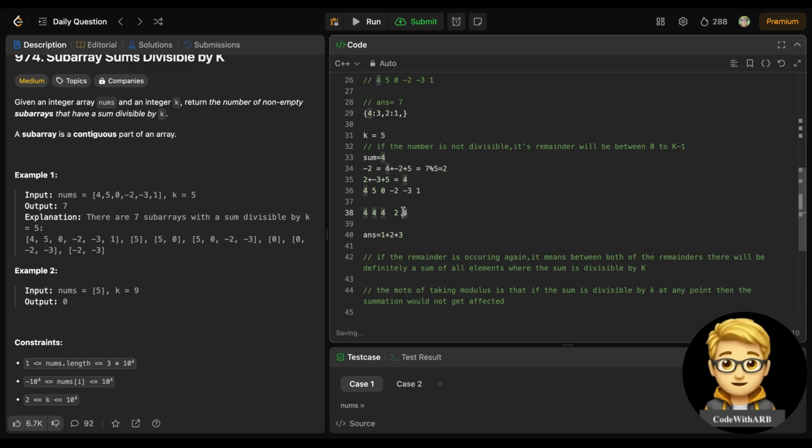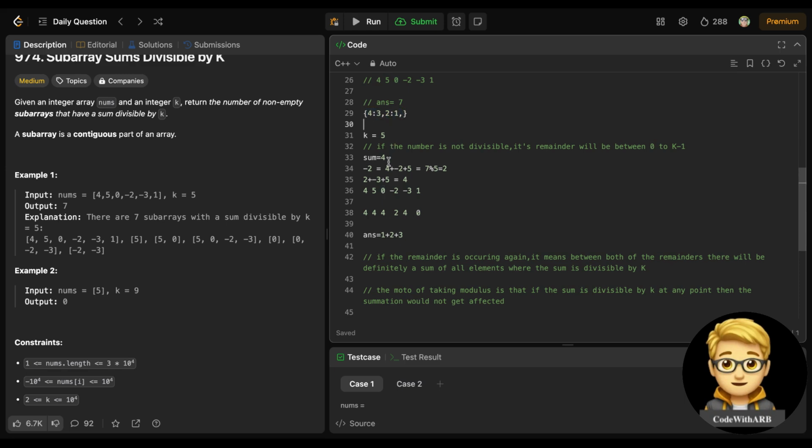Now after this 4 plus 1, which is now equal to 5, and when we take this modulus with 5, it becomes 0. But 0 is not available here. Why? Because we haven't added 0 yet.